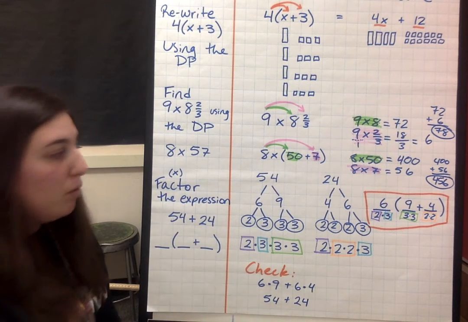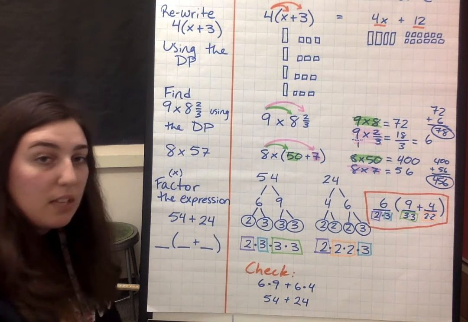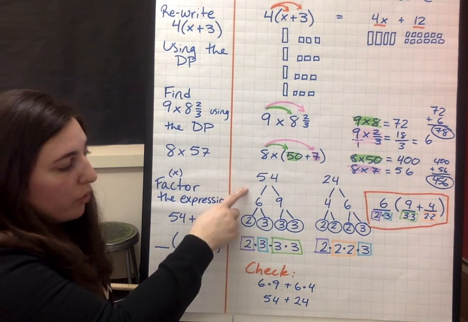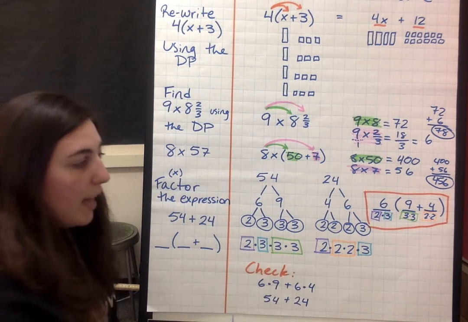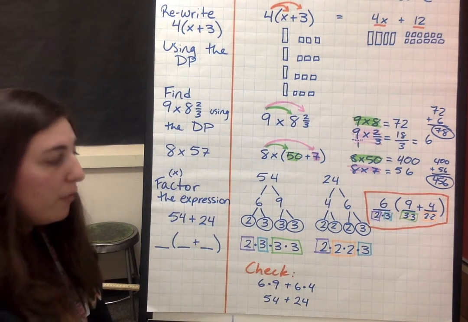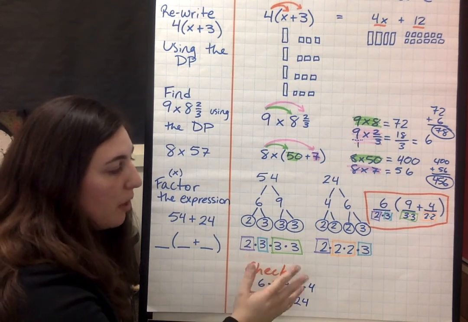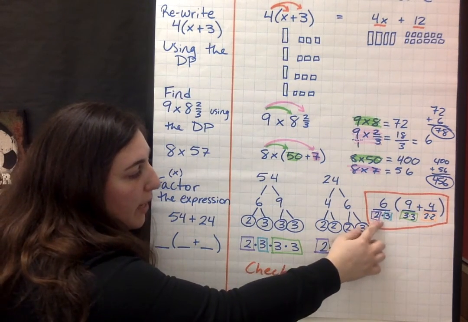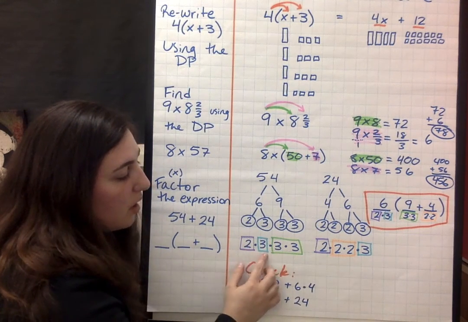You might have to rewatch this part of it because there's a lot of different things that we did here. We started off with factor trees, and then we had to look at the factors they had in common. The first factors that they have in common, before we run out of numbers, goes in this spot here. So we did 2 and the 3. They have the 2 and the 3's in common.